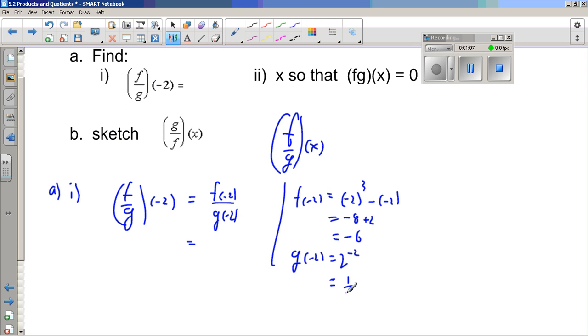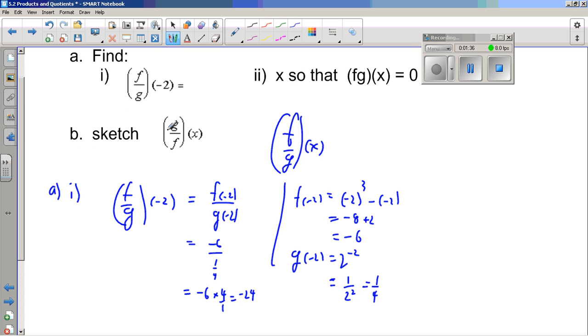Negative exponent means flip. 1 over 2 squared is 1 over 4. So I have -6 over 1/4, which looks terrible. But how do I divide fractions like this? I invert and multiply. So I get -24. So this function at -2 has a value of -24. Okay, I guess. Whatever. Let's keep going.